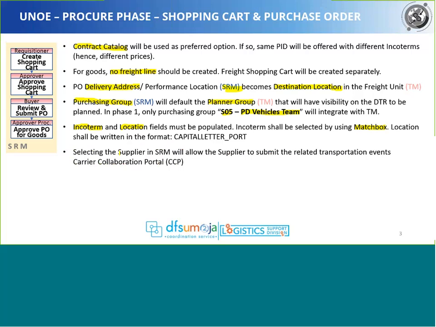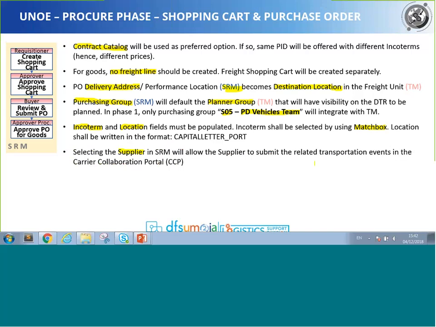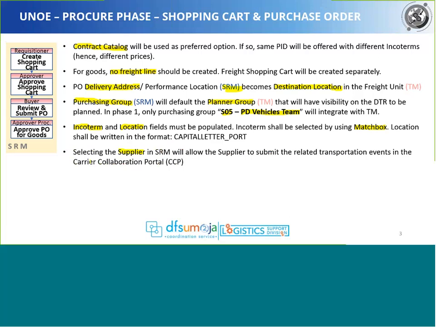Then the supplier selection. If we are selecting an item from the contract catalog, the supplier is already selected by using the contract catalog. Otherwise, when doing the PO, the supplier is selected. So this supplier selected in SRM will automatically have an impact in the new system, because this supplier will automatically get access to the carrier collaboration portal so that they can submit the related events.